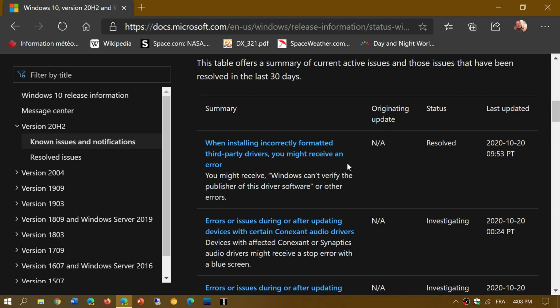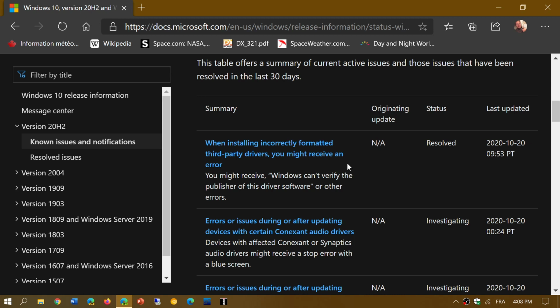It just has a cumulative update that tweaks the system, updates some of the settings, and turns on some of the options that weren't on yet. But they are technically the same version of Windows. So that's why they should in general have the same known issues for both versions.